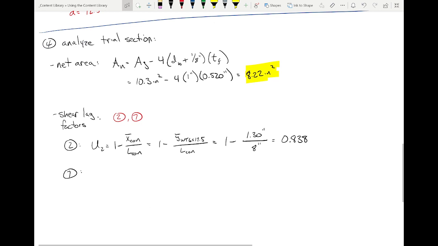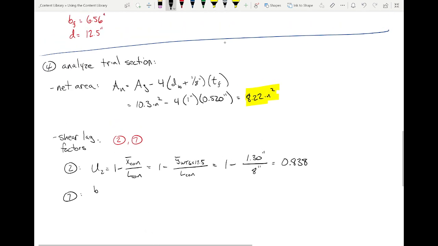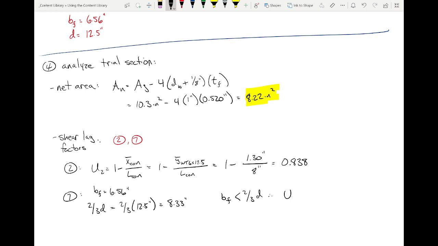So how does this case work? We compare bf and 2/3 of the depth. What is that? So bf and 2/3 depth, that's greater. So what is U?